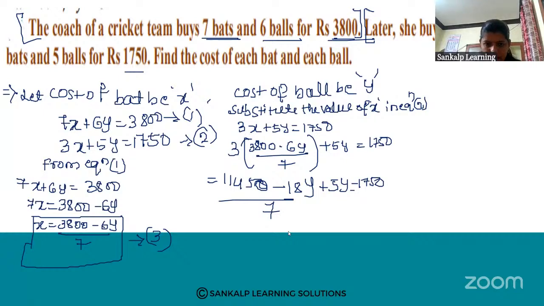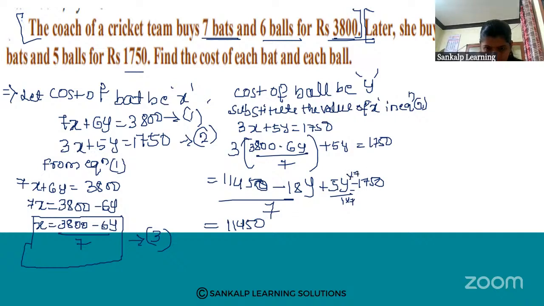Okay. So now 11450, this is minus 18y, this is plus 5y. Divided by 1, nothing is there means 1. How that? So if I take LCM, the LCM is 7 here. 7 ಬರಬೇಕಾದ್ರೆ ನೀವೇನ್ ಮಾಡ್ತೀರಾ, into 7 ಮಾಡ್ತೀರಾ.